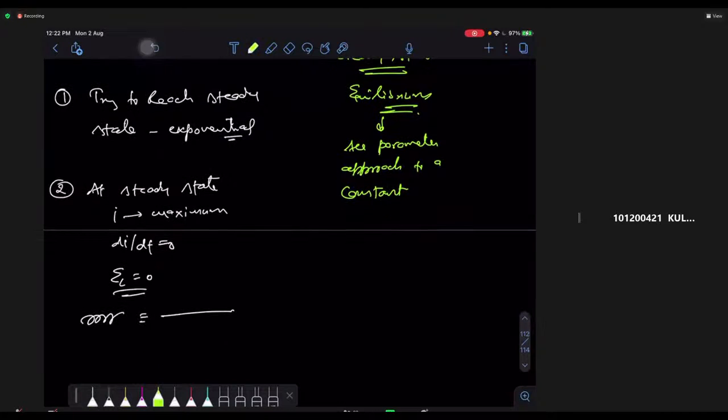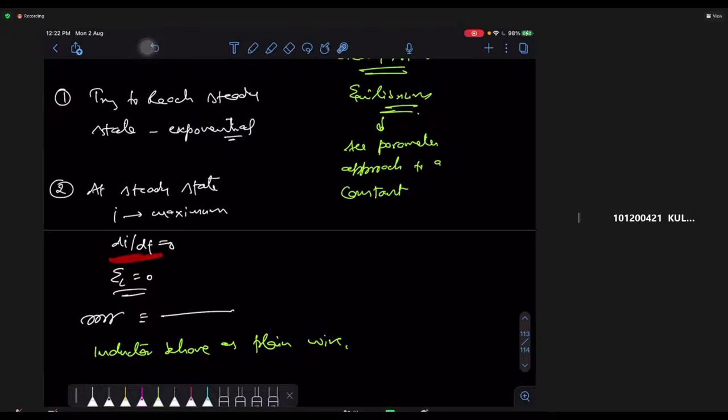So you can think of the inductor as a plain wire, because a plain wire does not drop any potential. So the inductor also behaves as a plain wire.